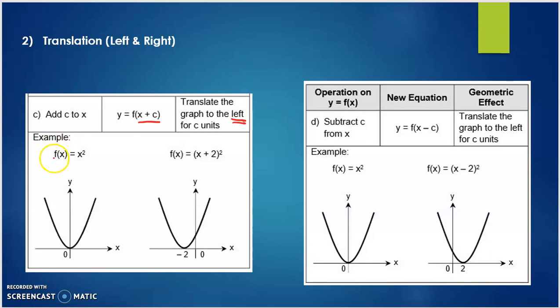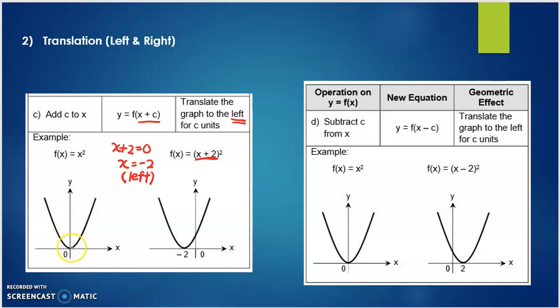For example, f(x) equals x squared. Again, this is the graph. So when f(x) equals (x plus 2) squared, we let x plus 2 equal 0, so x equals negative 2. Since this is negative 2, it will move to the left hand side.